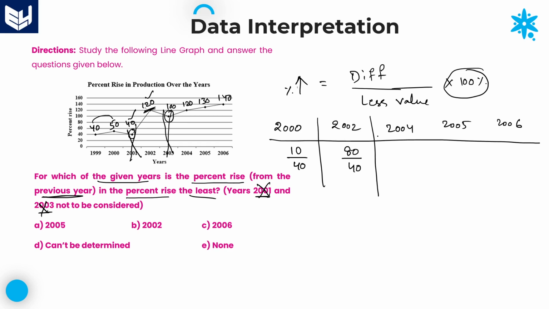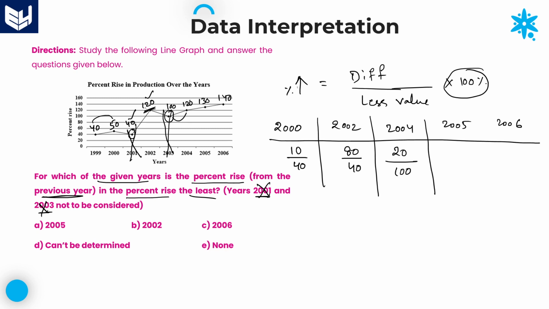Next, 2004. In 2004 it is increased by 20, the difference between 2003 and 2004, divided by the previous year value, which is 100. And next one, 2005.